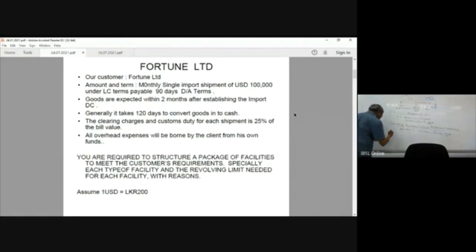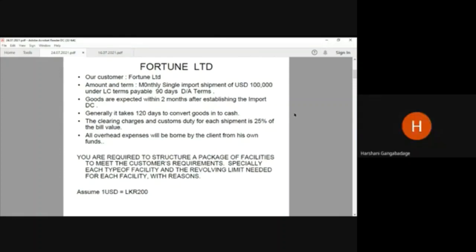Then the third facility is, tell me somebody, what should be the third facility? Import loan facility.